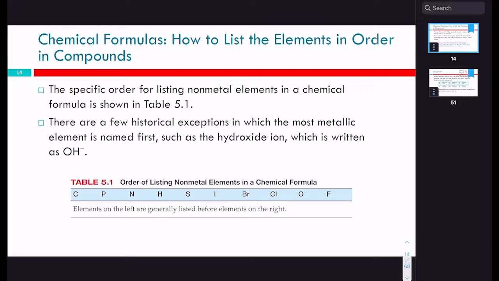Going up and down gets a little bit squirrely, but as we can see, we go carbon, phosphorus, nitrogen, then hydrogen, sulfur, iodine, bromine, chlorine, fluorine. So the order is a little bit weird, but you can always refer back to this table for that order if you need it.